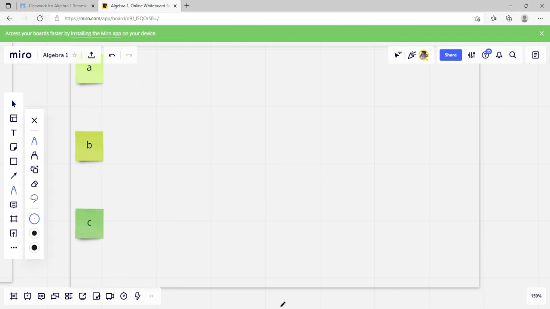we've got 6x squared y to the 3rd m minus 14x y to the 5th m squared plus 24x to the 10 y to the 6th m to the 4th. Alright, so first we're going to look at our number part.